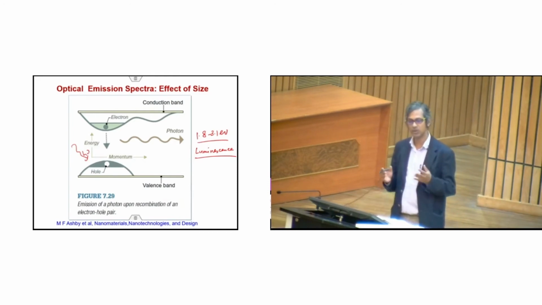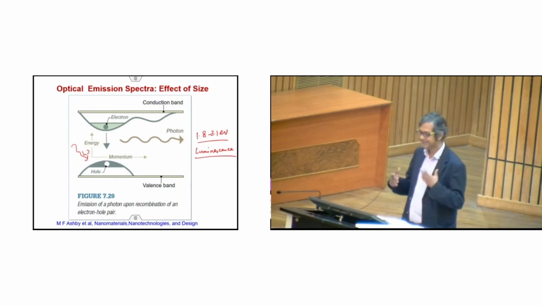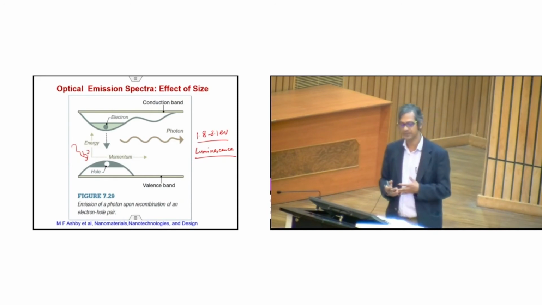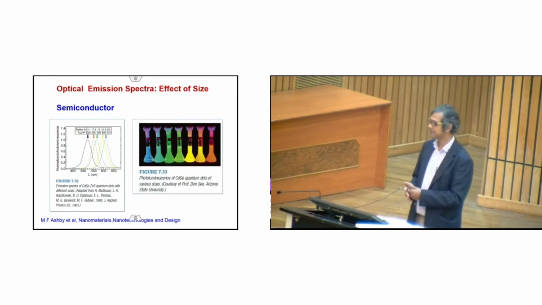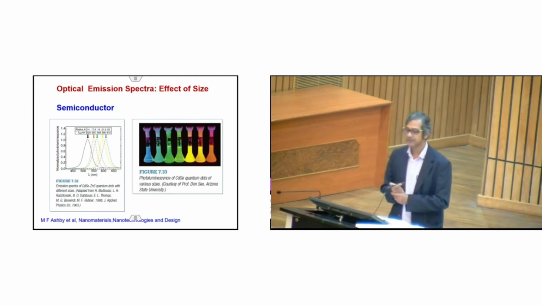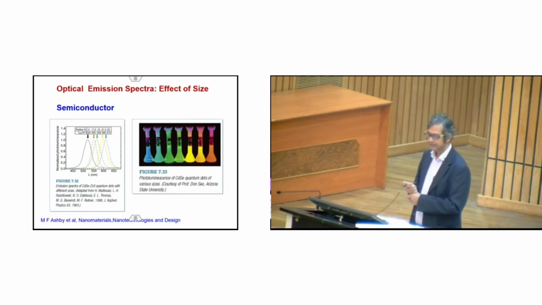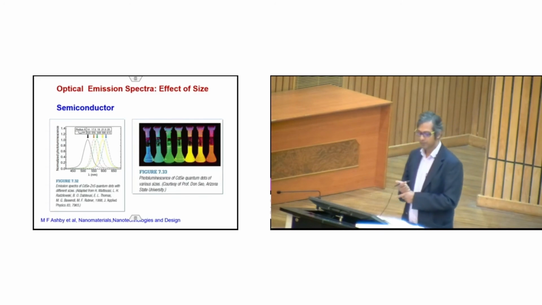This is what is normally found, but it can be tuned actually, that is a very important aspect. Another very interesting phenomenon which people observe of late in many semiconductors is what is known as photoluminescence.